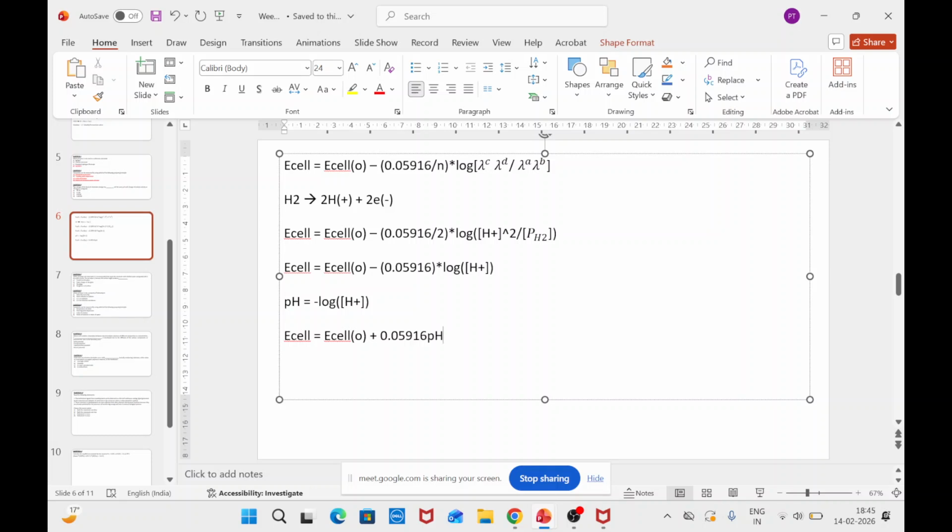So let this be one equation, and then for the second equation, let's assume that pH is changed by 1 unit. You can write it as pH prime, which is nothing but pH plus 1.